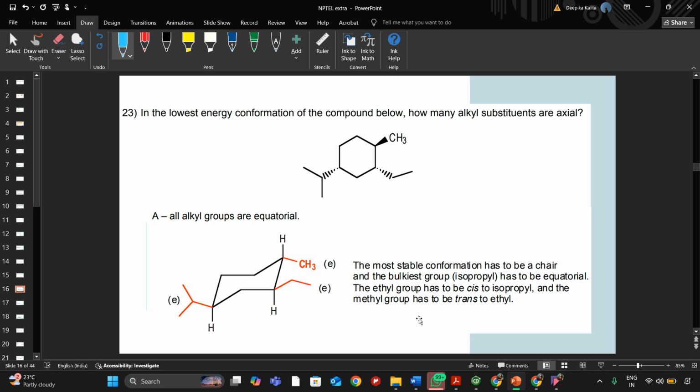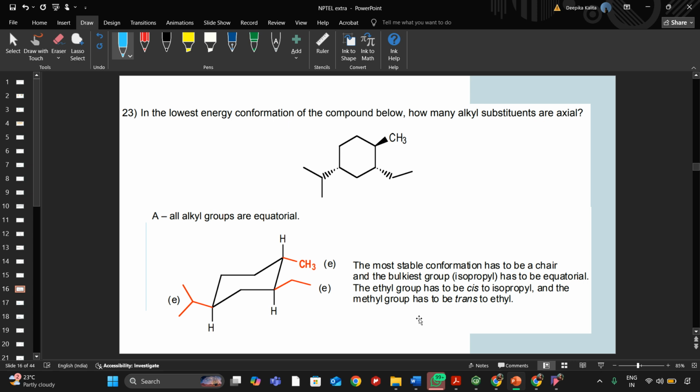So, if we draw the most stable conformation, we must place the bulky groups in the equatorial positions. So, we will place the substituents one by one in the equatorial positions and see the possibilities.